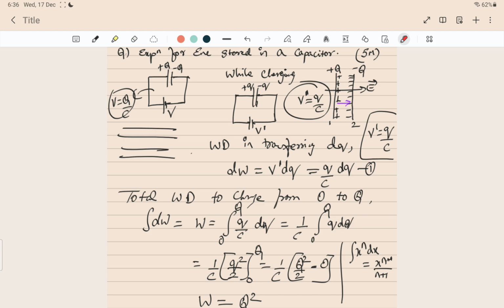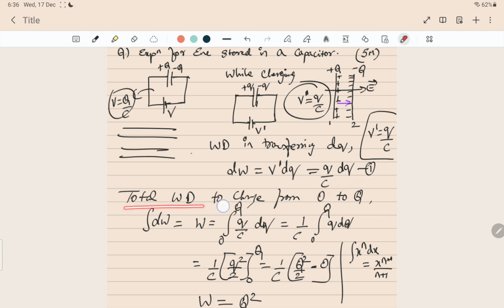After this, after writing the initial explanation, what is the work done in transferring a small charge dq? It is given by dW is equal to V dash dq. Once you get that, V dash is substituted using the standard formula, V is equal to q by C. So you got this equation.